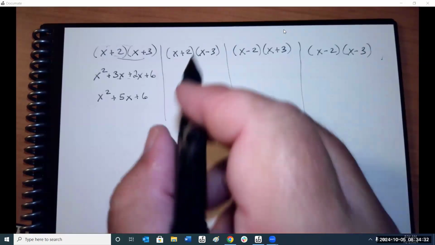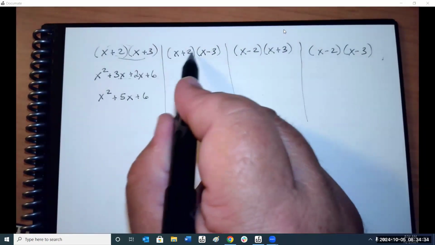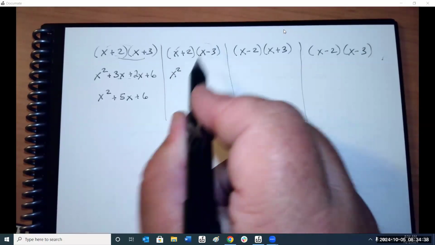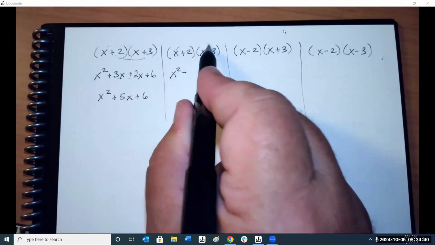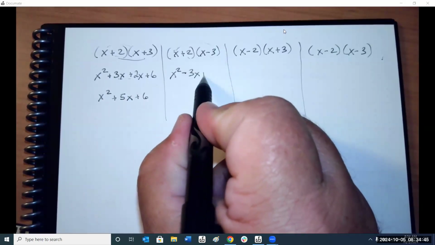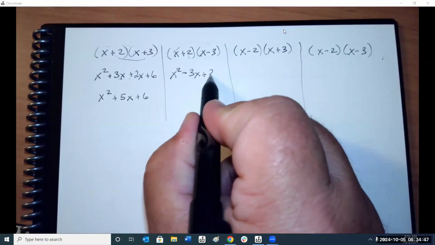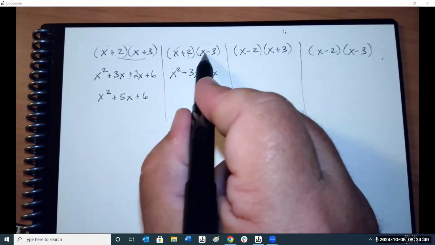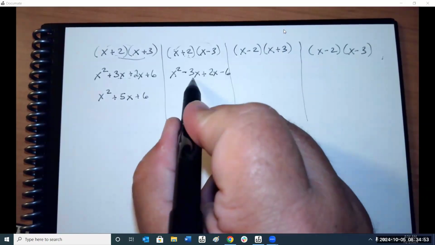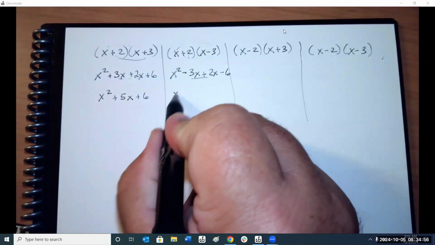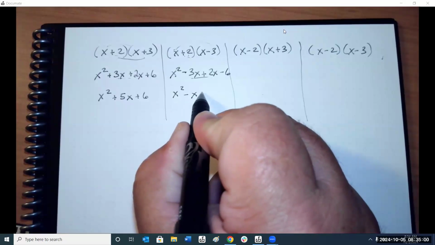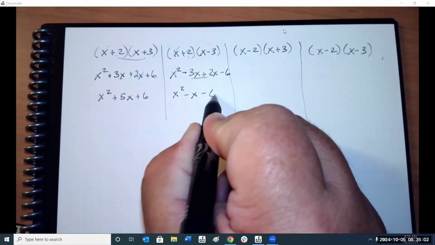Let's do the same thing with the next one. X times x is x squared. Positive times negative is negative. X times 3 is 3x. Positive is positive. 2 times x is 2x. Positive times negative is negative. 2 times 3 is 6. Combine like terms. Negative 3 plus 2 is negative x minus 6.